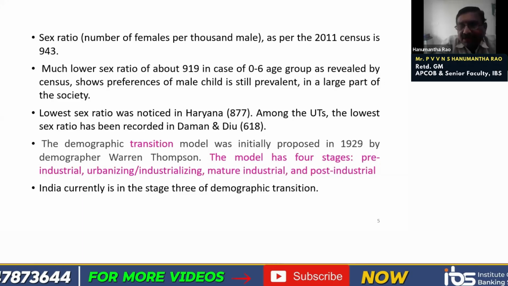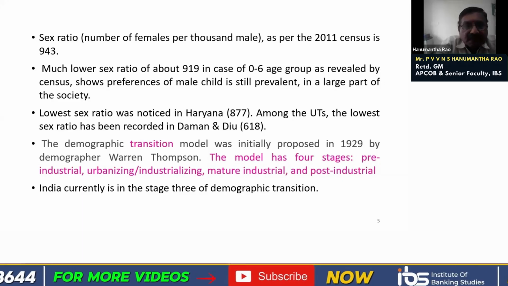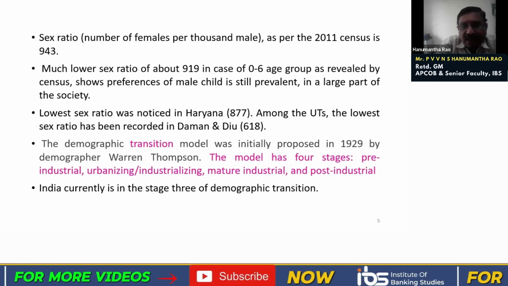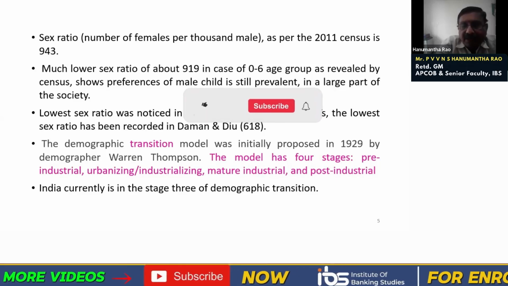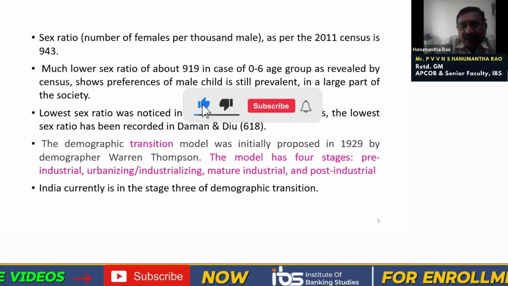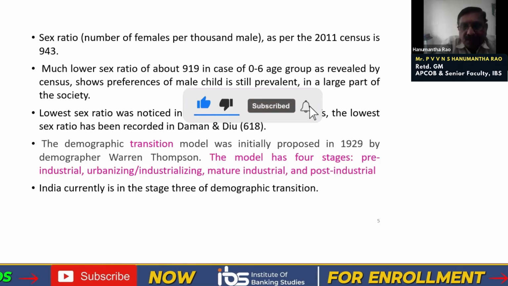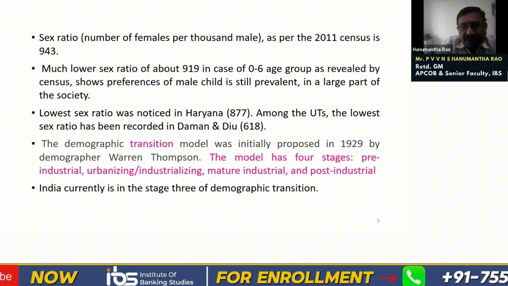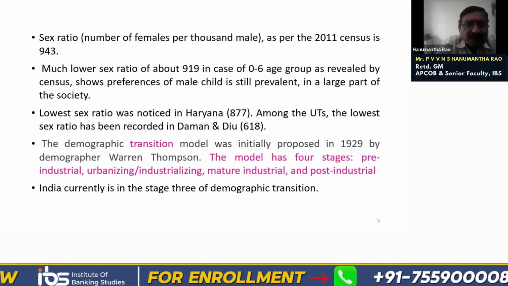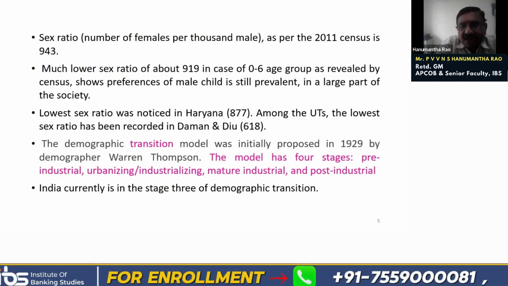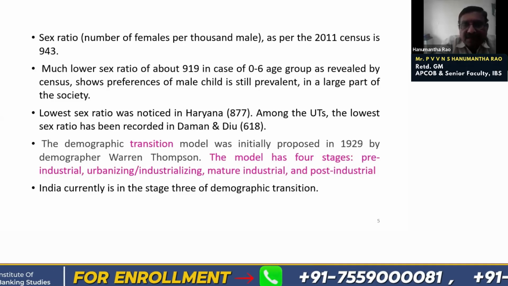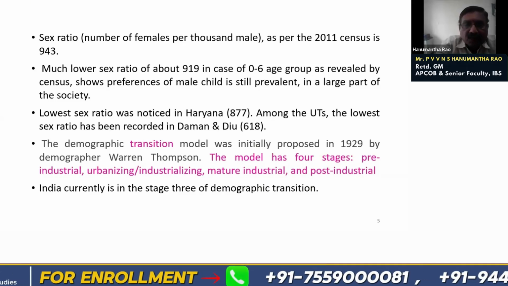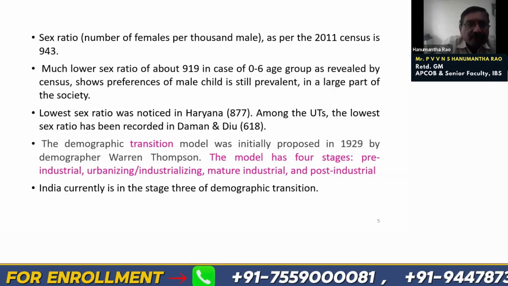Among the union territories, the lowest sex ratio has been recorded in Daman and Diu, that is 618 only. For every 1000 males, we have only 618 females. Please remember these states as well as union territories, this 877 and 618.